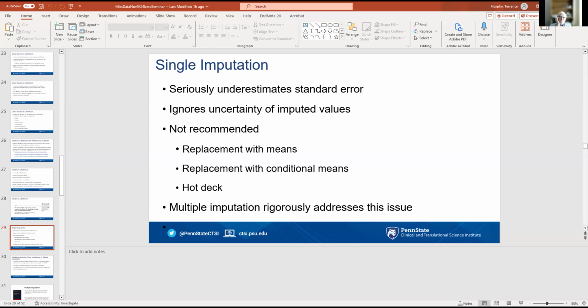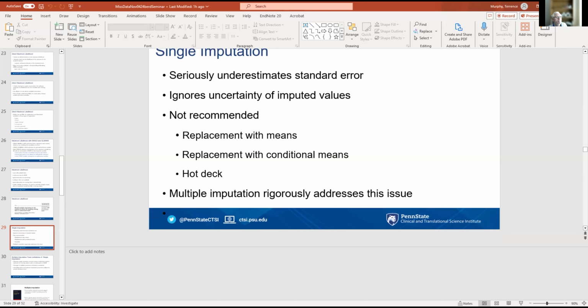A big part of this is that you're just filling in a missing data with a value, and then you're pretending there's no uncertainty with that process of generating that imputed value. So single imputation is not a good way to go. And it turns out that multiple imputation fixes nearly all the problems or challenges with single imputation.